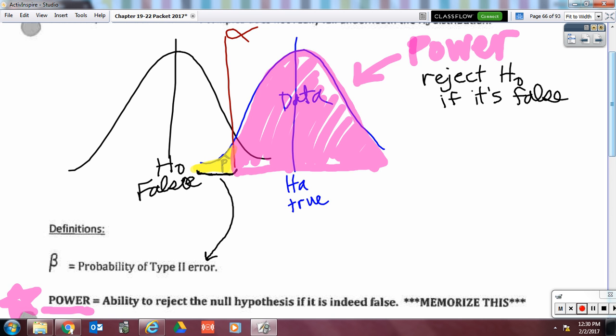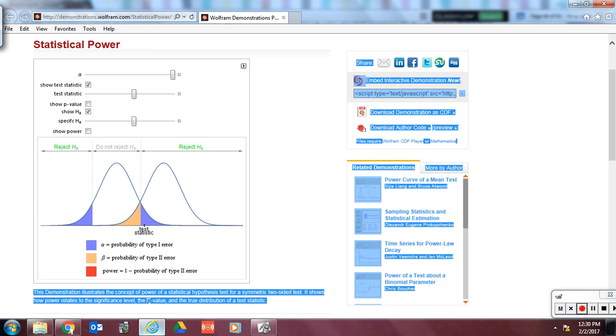Let's go to our little online thing here, and I'm going to put in the red area, which is power. And there it is. All right, so what are we going to control? Alpha. Let's control alpha and see what happens to power. Right now I have alpha set really large, so I'm going to make alpha smaller. What do you think is going to happen to power?